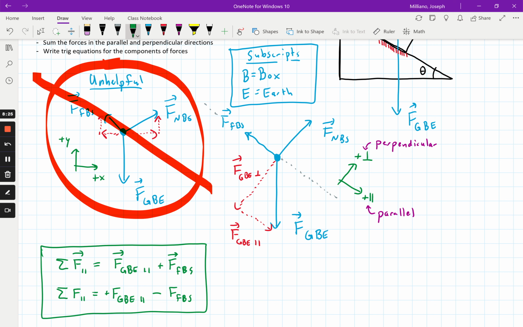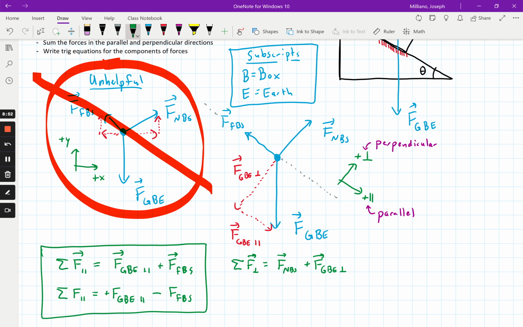Let's do the same thing now for the perpendicular direction. So if we add up our forces in the perpendicular direction, what do we have? Sorry, that should be an equal sign. What do we have? We have a normal force on the box by the surface, plus a gravitational force on the box by the Earth. And we have its perpendicular component.